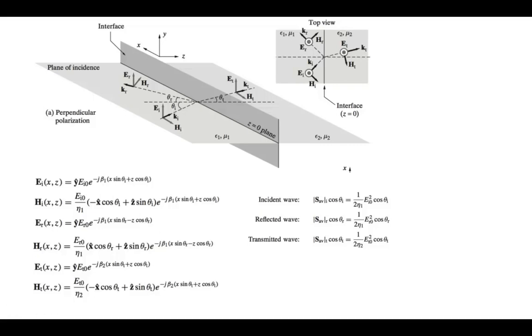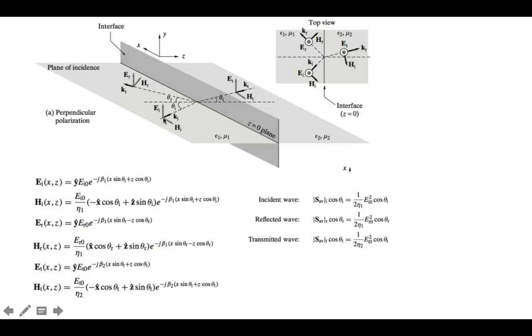It's the same thing as alpha and j beta in a lossy material with no alpha because the material is a perfect conductor. So we'll just make that little change of notation to beta as opposed to K, where K here just represents the unit vector. Beta actually represents the value, the wave number.